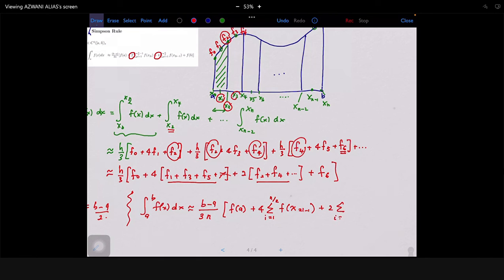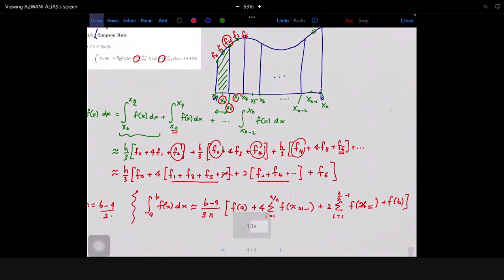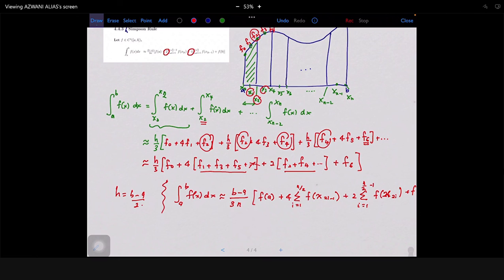Summation I from 1 to n over 2, plus FB. Okay. Ada soalan tak?